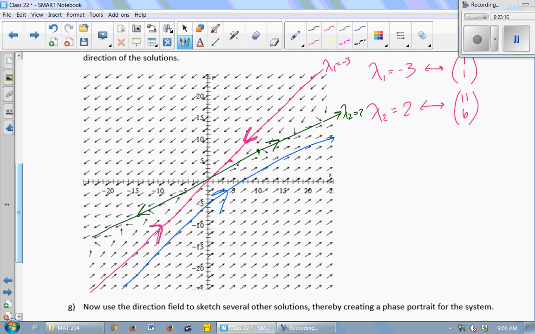And then if I chose an initial condition over here, like in the second quadrant, it would do something like this. And again, this is very qualitative, just trying to sort of follow the vectors. And then in between my 2 straight line solutions, I would have something like this, going in that direction. And over here, I've got something like this.